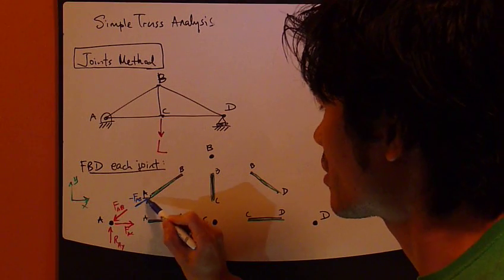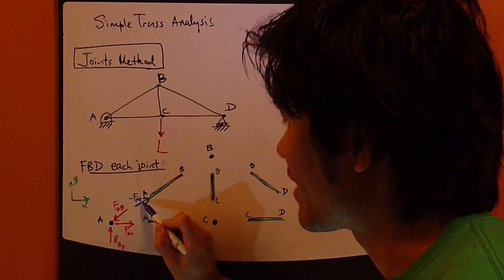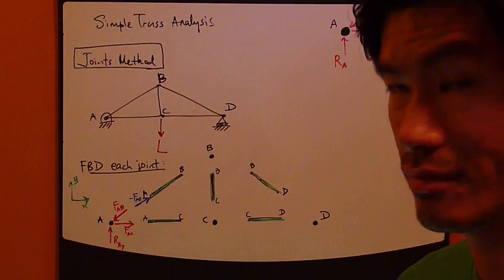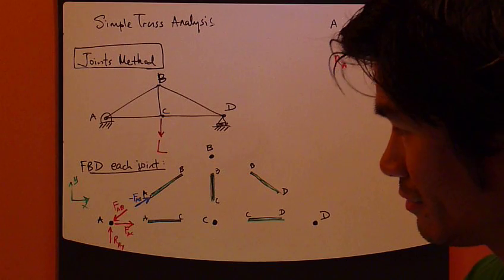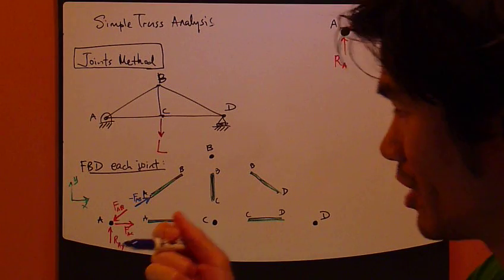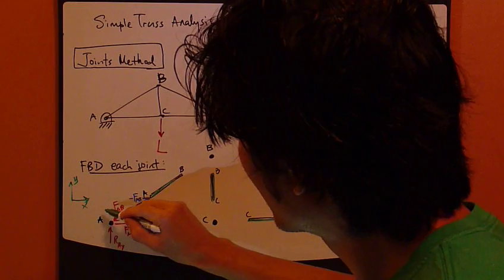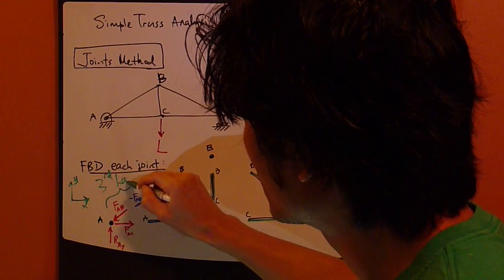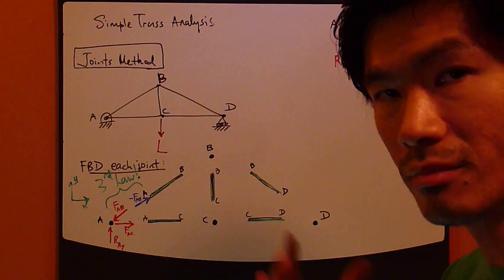And this force points up, coming from the joint into this member AB. And together, they cancel out. Therefore, it's in equilibrium. So this is Newton's third law. Equal but opposite reaction.